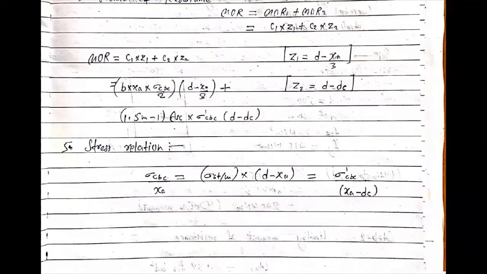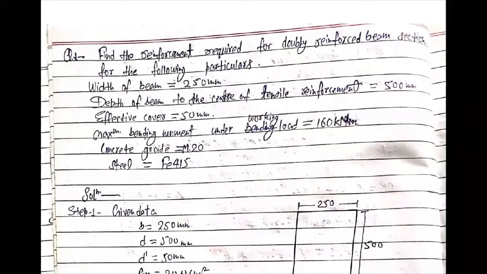Now we'll proceed with the numerical on the design of doubly reinforced beam using WSM. The question is, find the reinforcement required for a doubly reinforced beam section for the following particulars: width of beam is 250 mm, depth of beam to the center of tensile reinforcement is 500 mm, effective cover is 50 mm, maximum bending moment under working load is 160 kilonewton meter, concrete grade is M20 and steel grade is Fe415.